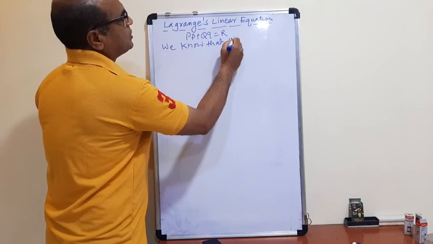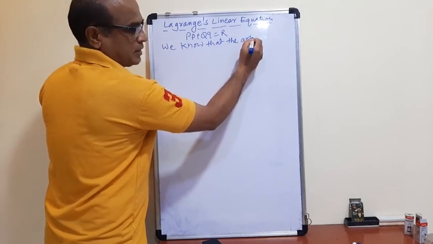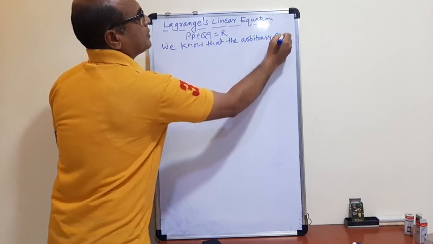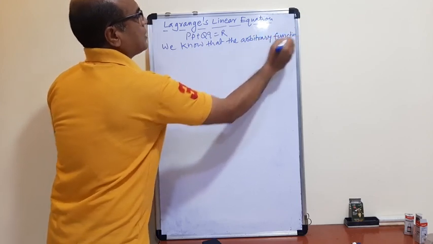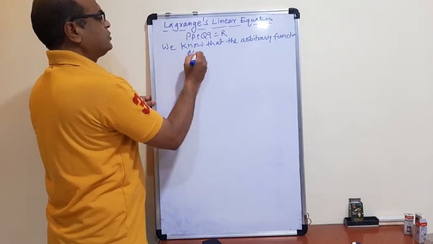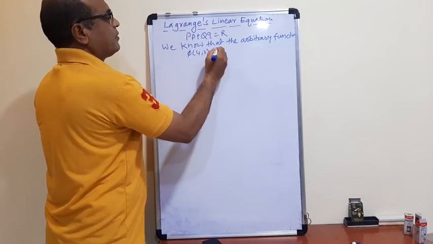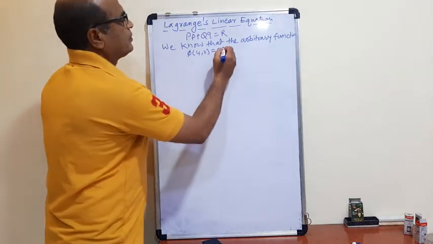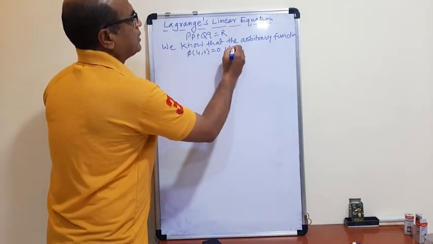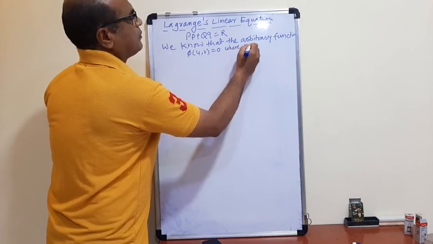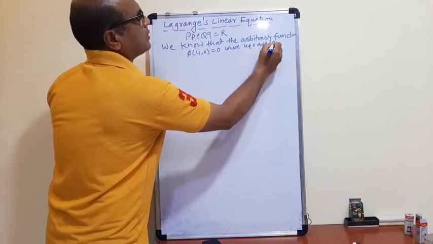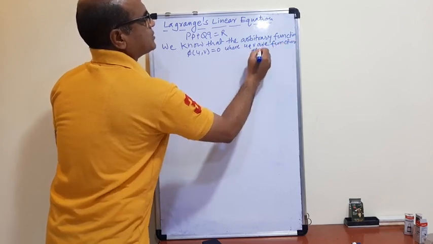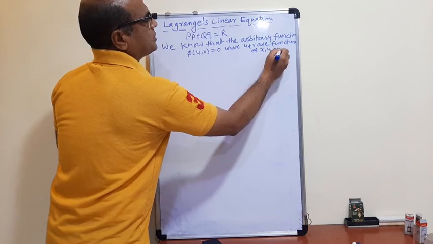So we know that the arbitrary function phi of u, v is equal to 0, where u and v are functions of x, y, and z.